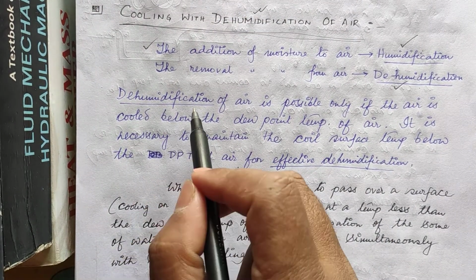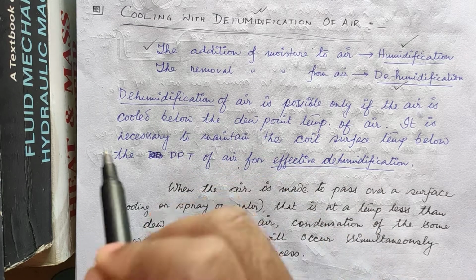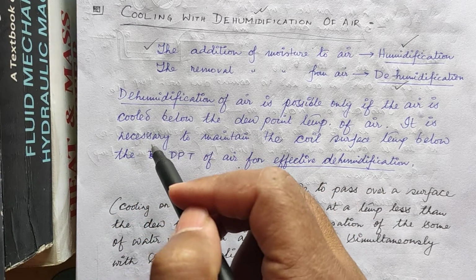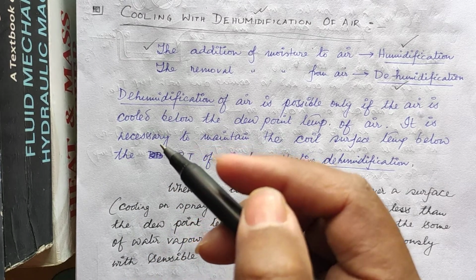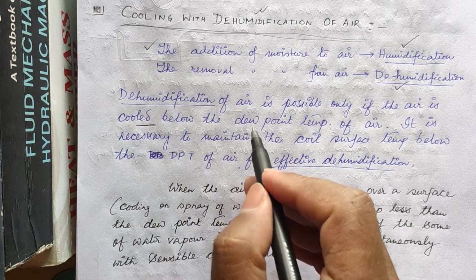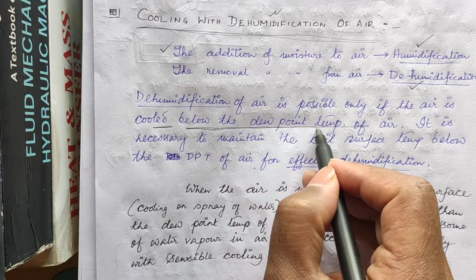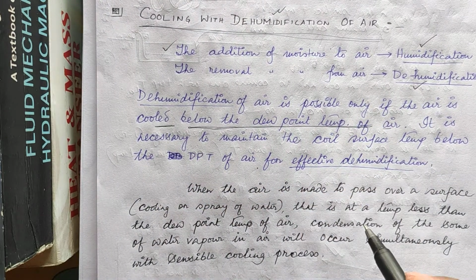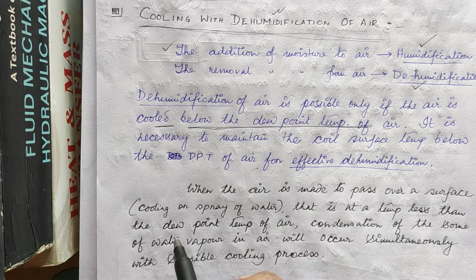As a result, the specific humidity or humidity ratio will decrease. Now this dehumidification of air is possible if the atmospheric air that is coming into a duct or into a system can be cooled below the dew point temperature of the air. If the air is cooled below the dew point temperature of the incoming air, then the dehumidification process can be achieved.